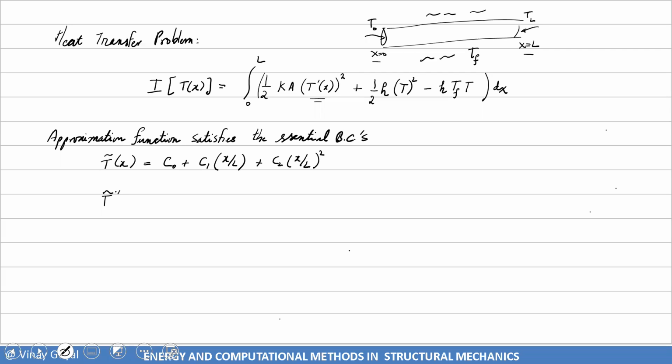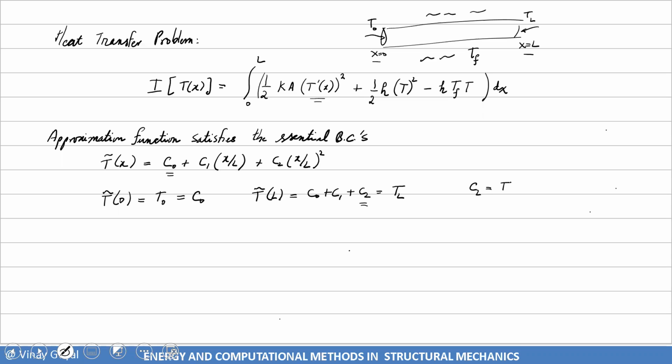So T tilde at 0 is T naught. That means that C naught is T naught. T tilde at L is C naught plus C1 plus C2, and that's TL. So somehow I have to make that happen. So let me solve for C2.